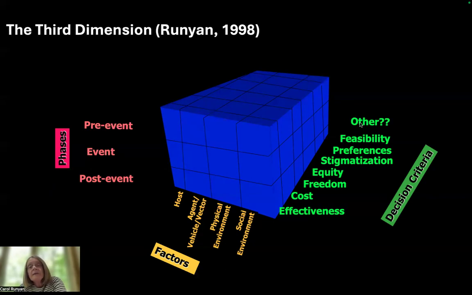And then this third dimension relates to criteria for making decisions about what to choose from among all those ideas that you might generate. So I'm going to show you what those things mean and how you can apply them.